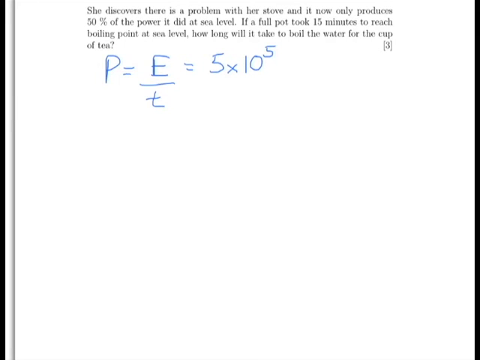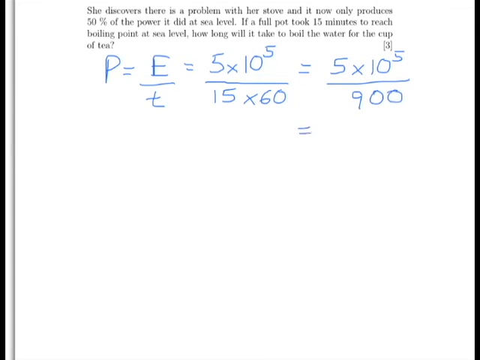We can look back to the first part of the question for that, and we need to divide that by the time in seconds, so it's 15 multiplied by 60. So that's 5 times 10 to the 5 divided by 900. So that's 5 over 9 times 10 to the power of 3 watts.